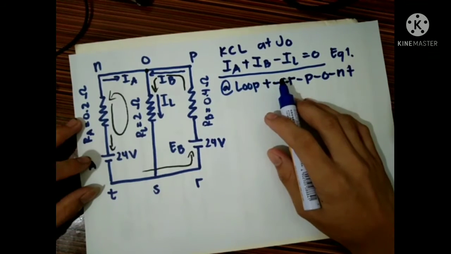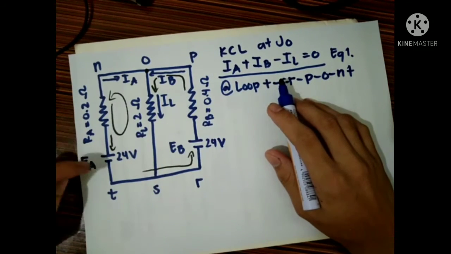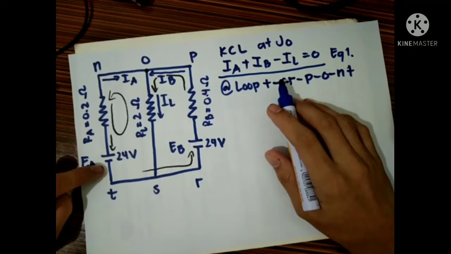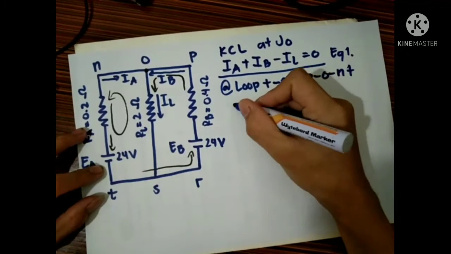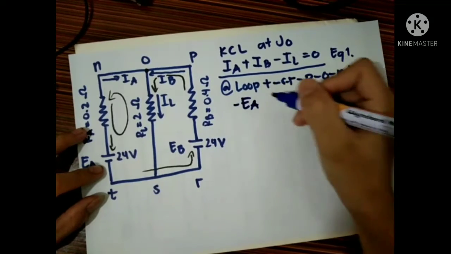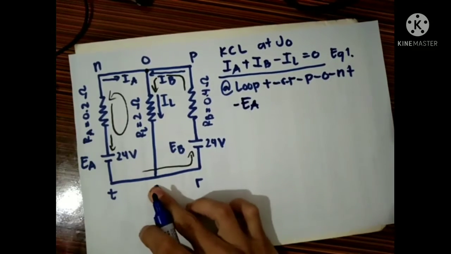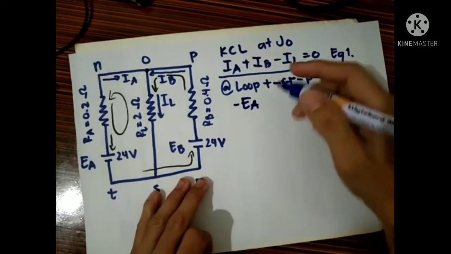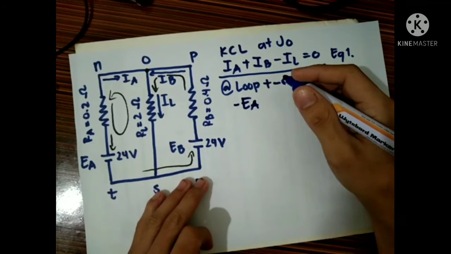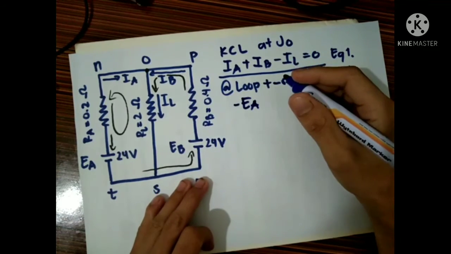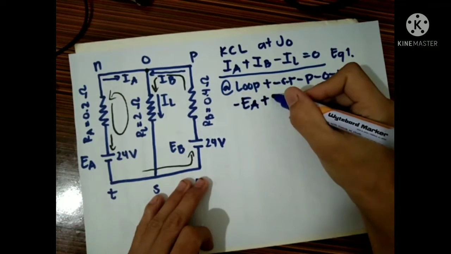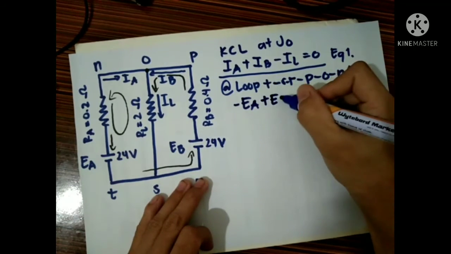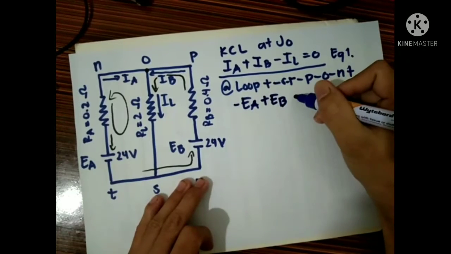So since it is opposite, it is a negative EA, and then the loop travels to EB. EB is in the same direction as IB, so it has a positive, plus EB.